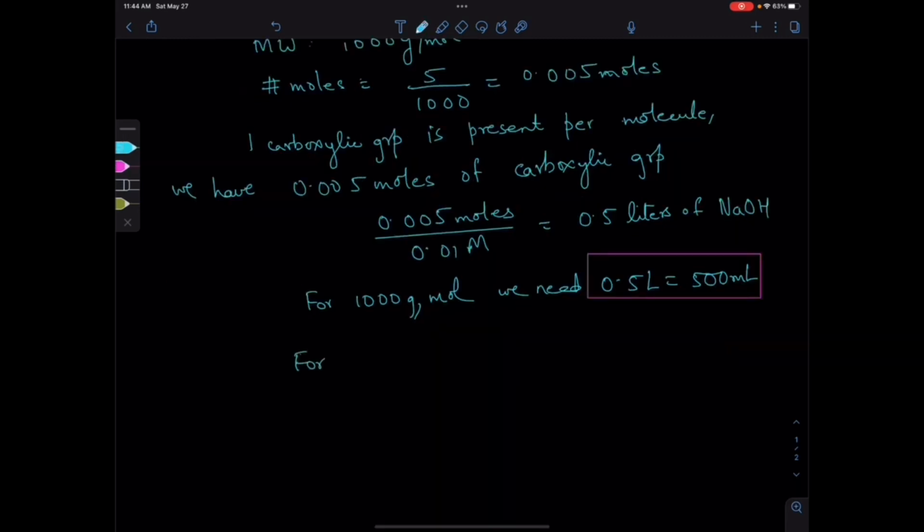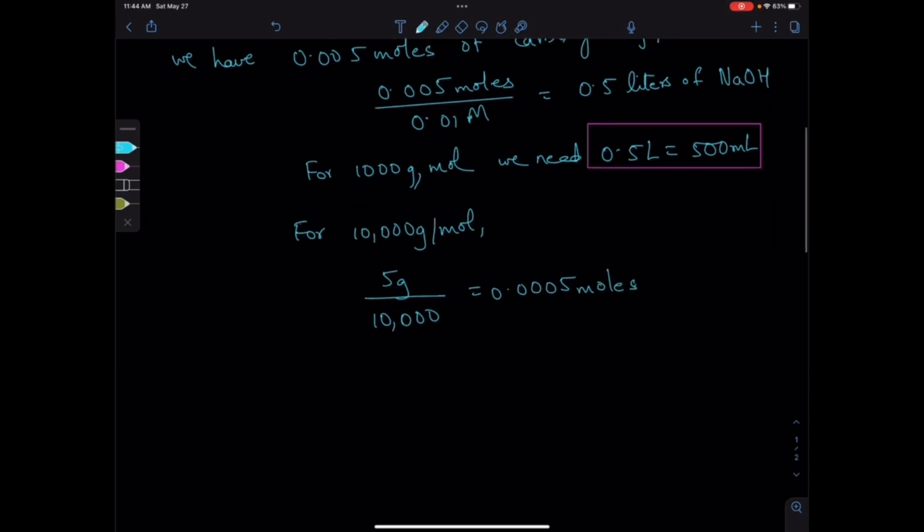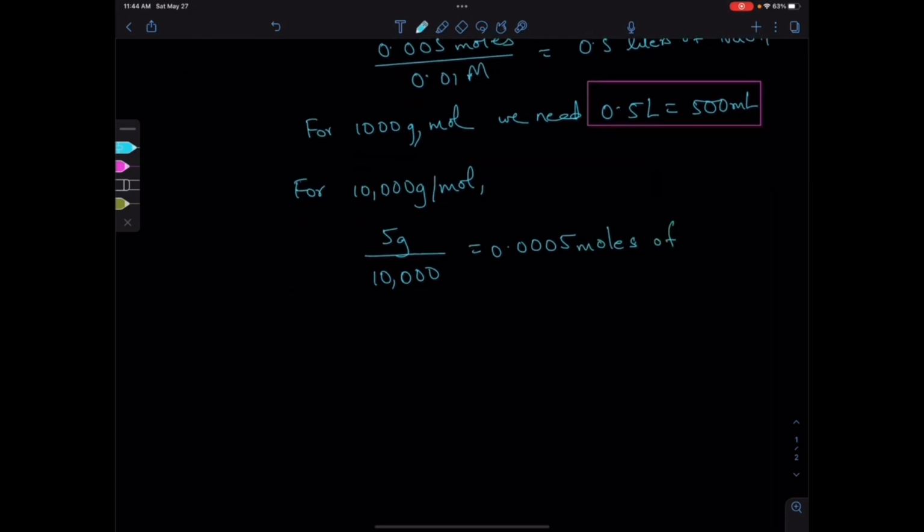For a molecular weight of 10,000 grams per mole, the number of moles will be 5 grams over 10,000, which is 0.0005 moles, and that would have 0.0005 moles of carboxyl group.